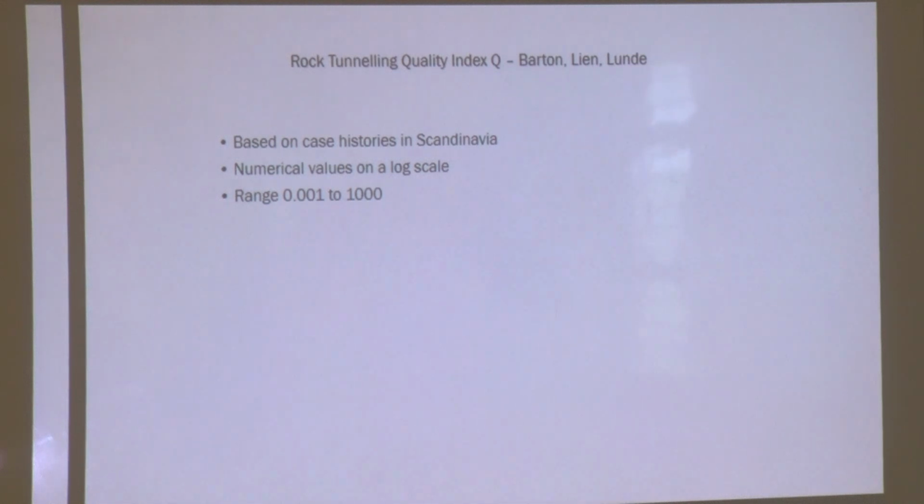Most probably in 1972 they proposed the oldest model of the Q system. Based on their Scandinavian projects, it is basically a numerical value on a log scale, and the value varies from 0 to 1000.